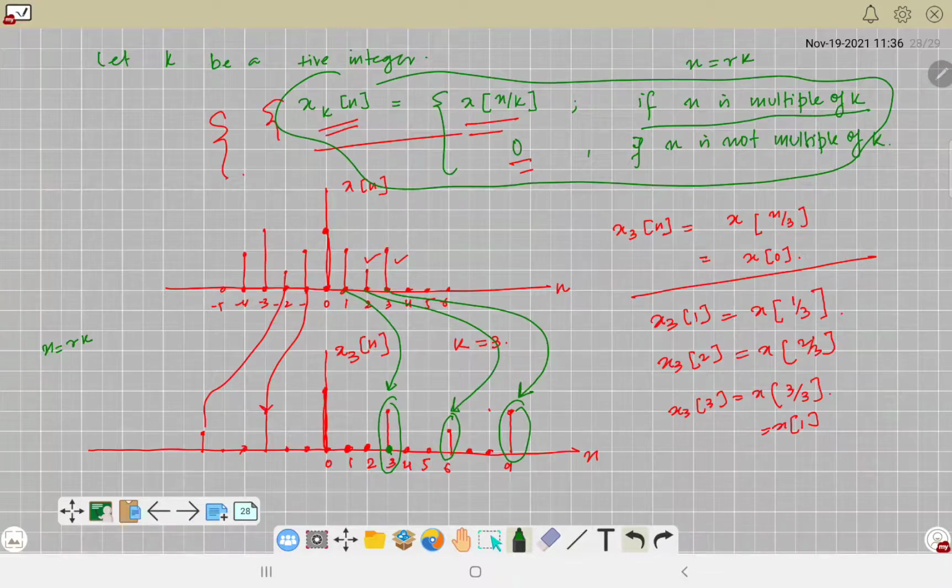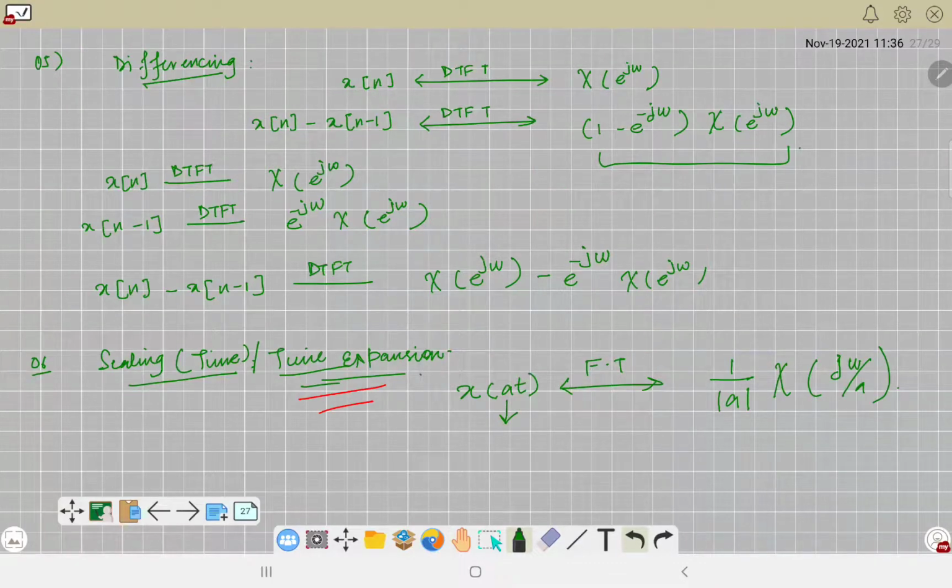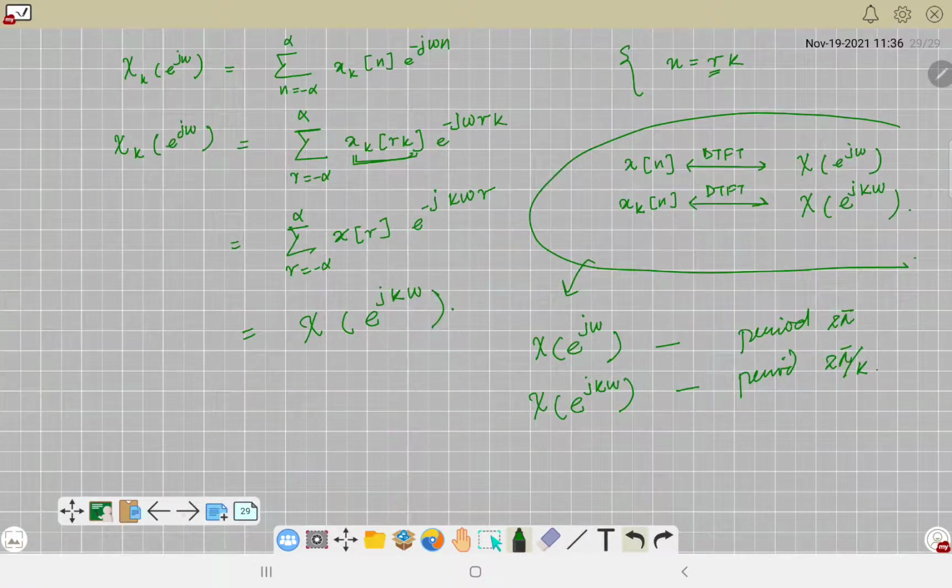The other properties are exactly the same as we had in the continuous time domain. Like we had linearity and time shifting, exactly the same way as in the continuous time case. But there are some properties that are different, and prominent among them are scaling and also differencing. Convolution and the other properties we covered in the continuous time case are quite similar in this domain also.